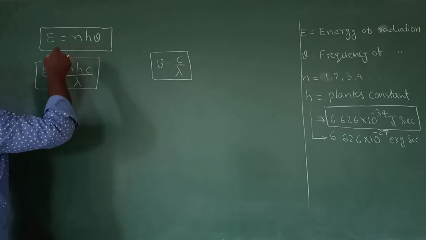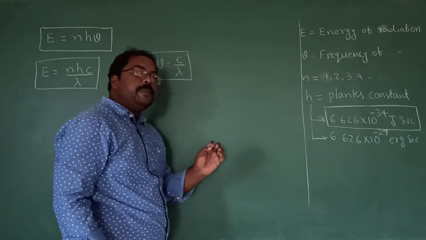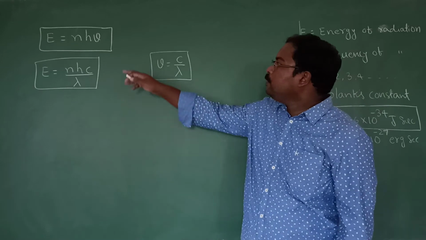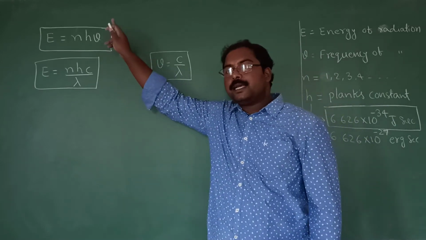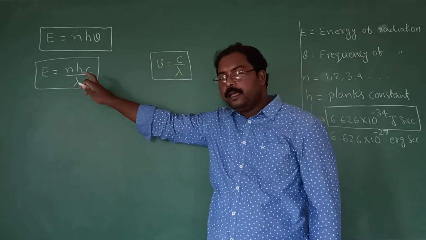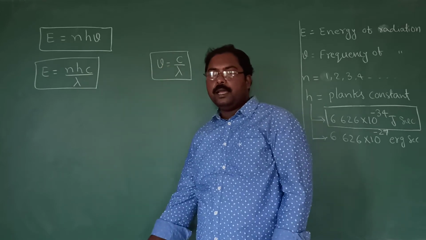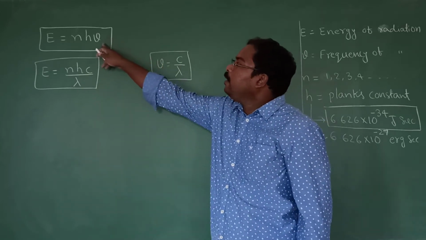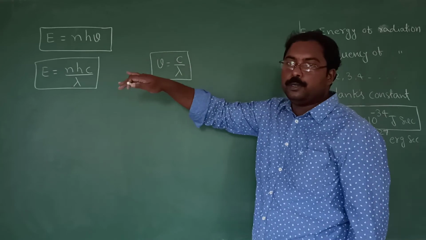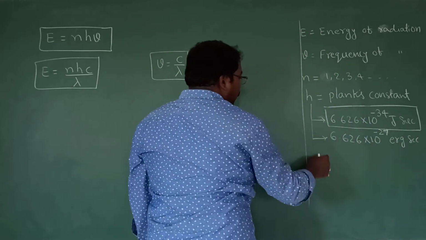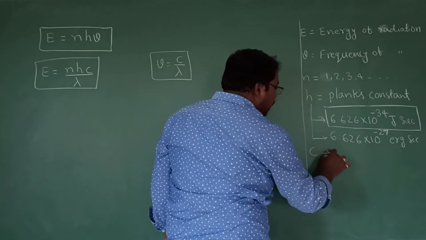Okay? If they ask the question based on frequency, we should use this formula. If they ask the question in terms of wavelength, then we have to use this one. Okay? It is not a new one. Simply, we substitute the frequency.